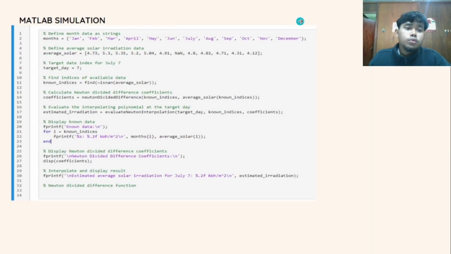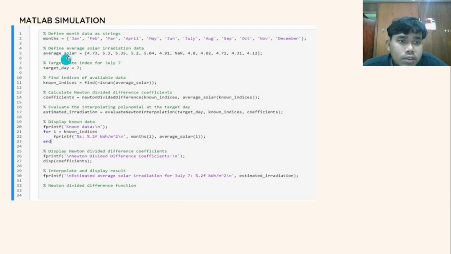Okay, move to the MATLAB simulation. In the first row, define month data as strings: January, February, March, April, May, June, July, August, September, October, November, December, and the number of months as x.